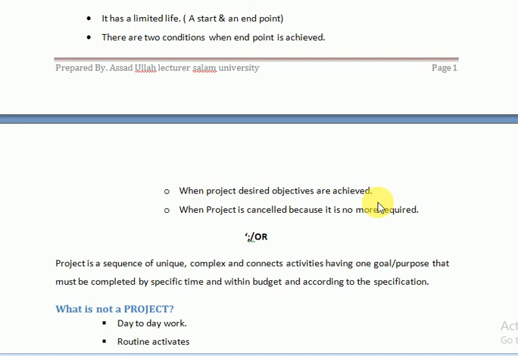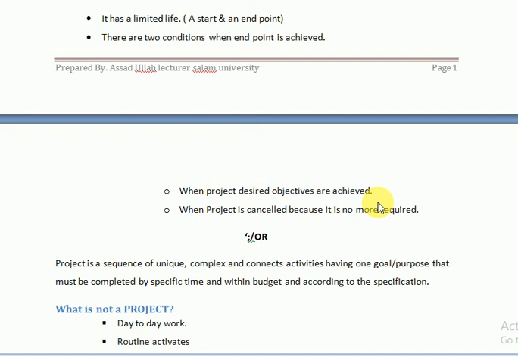So some examples I will point out. For example, financial management and control. All these activities are operations, not projects.